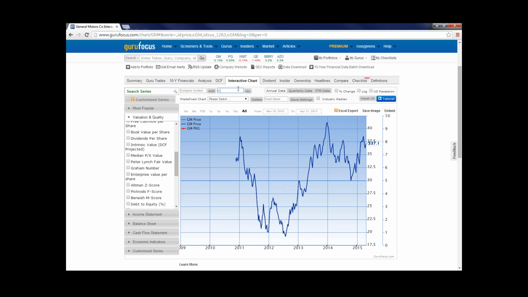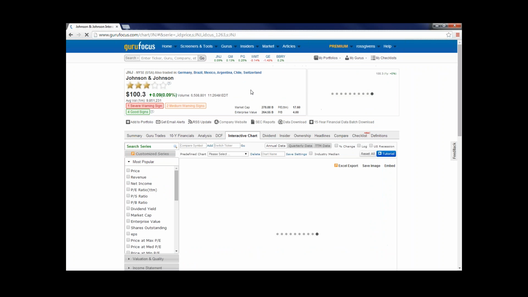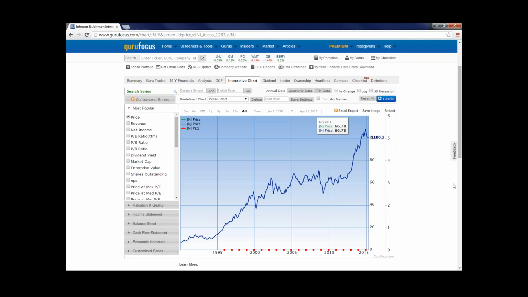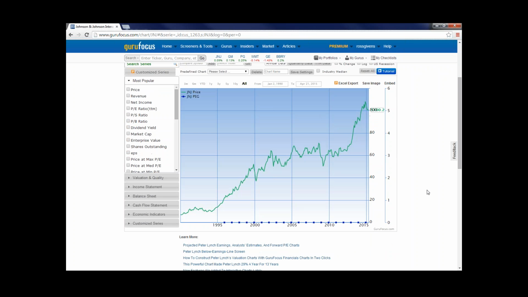If we look at Johnson & Johnson though, we've got our new customized PEG indicator on there. It should project this out for us. I'll have to look. I might have done that wrong, but that's kind of what you're going to want to do, is just kind of build your own. It may be something added later on.